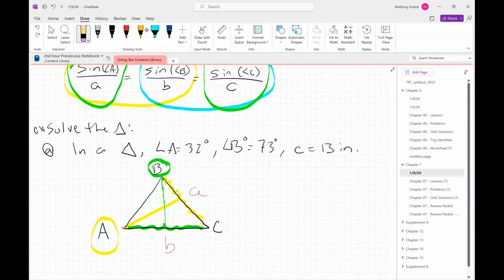So I'm going to just clean this up now a little bit. All right. So I've drawn and labeled my triangle. I'm going to add in the things that we know.